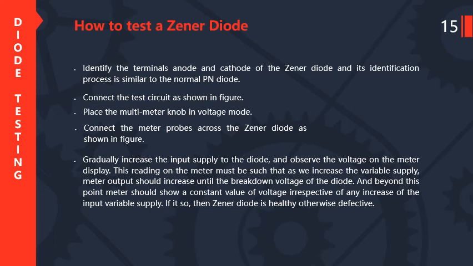Beyond this point, the meter should show a constant value of voltage irrespective of any increase of the input variable supply. If it is so, then the Zener diode is healthy, otherwise defective.